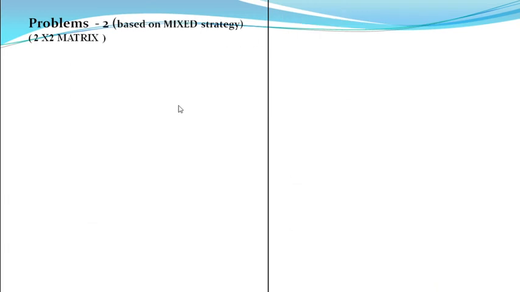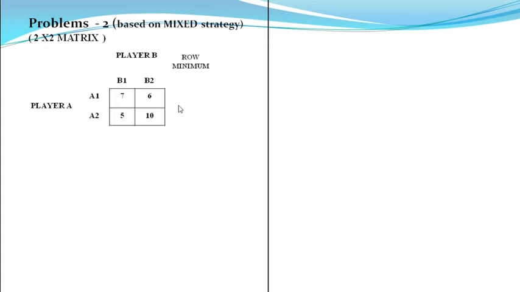Let's see another problem in the same category, mixed strategy. So a 2 cross 2 matrix. Again a different problem is given. You have to find the row minimum, the minimum of the first row and of the second row, and the column maximum, the maximum of the first column and of the second column. You need to find the maximin.